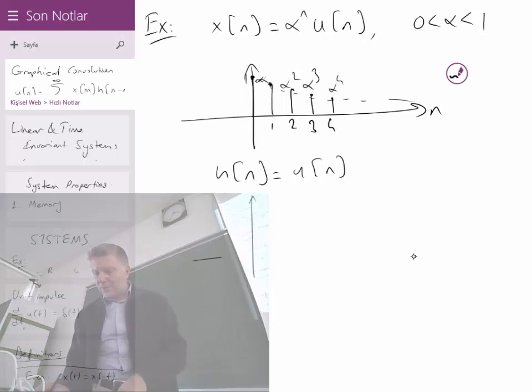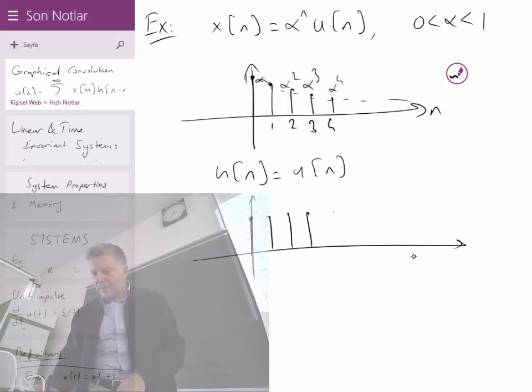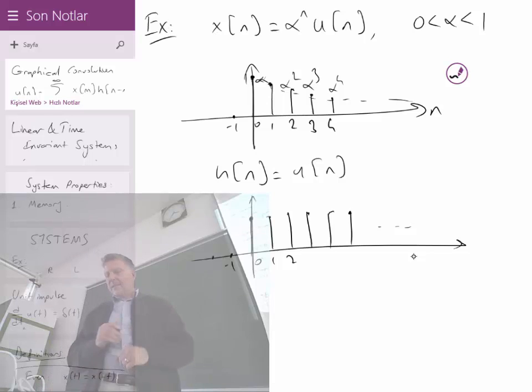Let's try to draw it. It's easier to draw this one. All ones, and all zeros before 0. Like this. So these two are the things that we have.